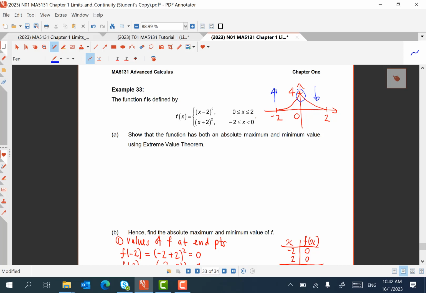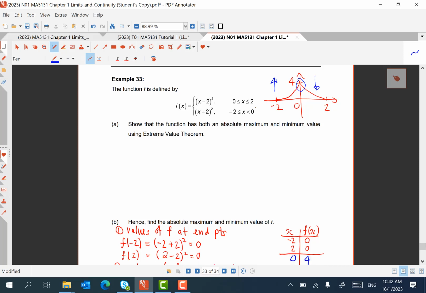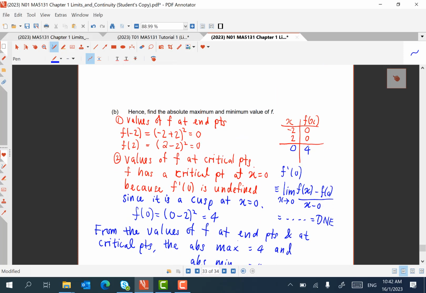That means it increases all the way up to 0, and then after 0 it comes down again. So that also can establish the fact that the function has an absolute maximum at x equals 0. By and large, AP exam requires you to do like that.